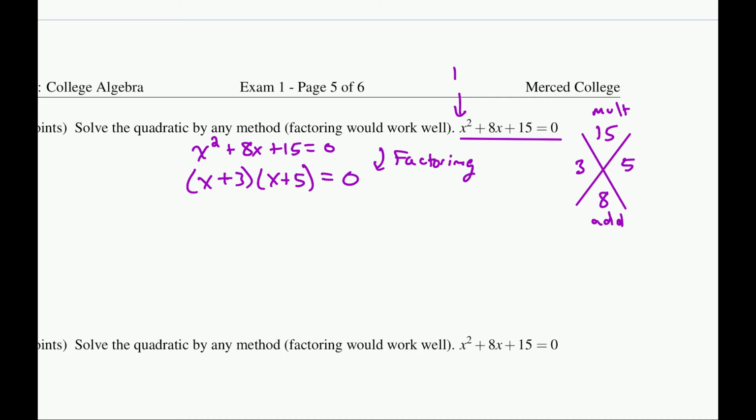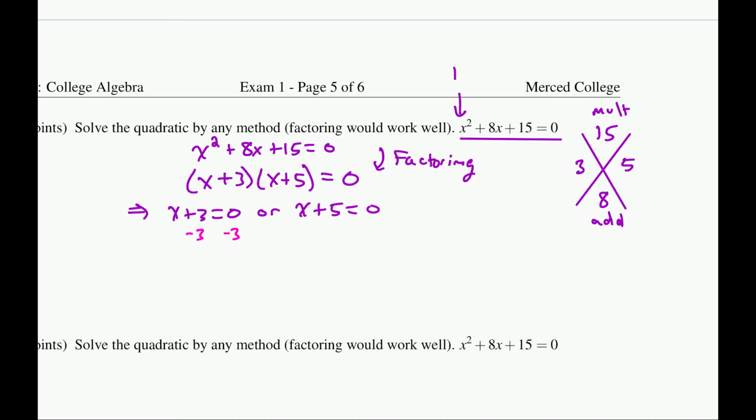And then if you're trying to solve this quadratic, what you have to do after you factor is each of these factors is separately going to be equal to 0 to give you an answer. So this implies that x plus 3 is 0, or x plus 5 is 0. And then you solve these individually as if they were their own equations.